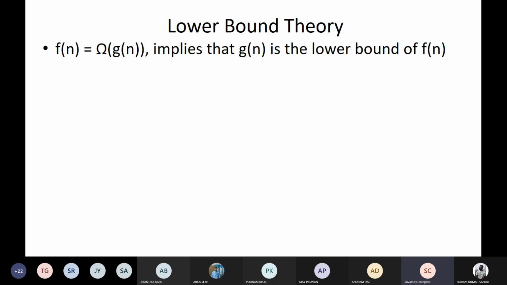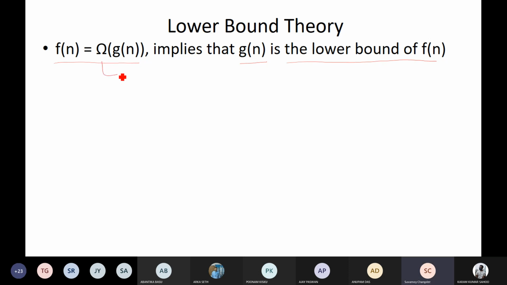Okay. So we know that omega, already we have studied f(n) equals big omega of g(n). That implies, just for recapitulation, g(n) is the lower bound for f(n). That already we have studied. Okay.